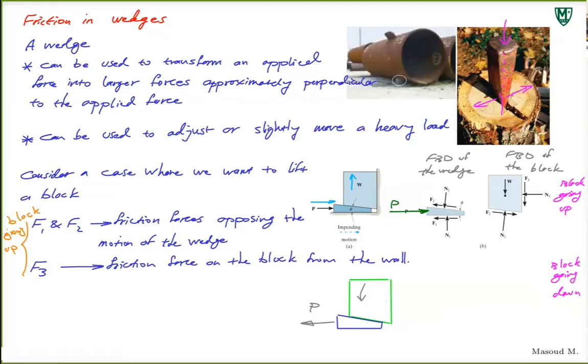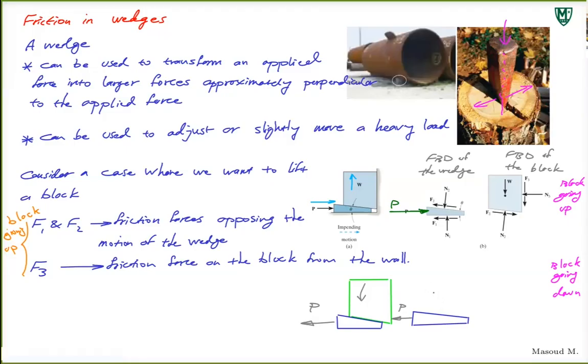What things would have changed on the free body diagram for the wedge? Well, I know the force is to the left. I'm pulling it down, so this is P.